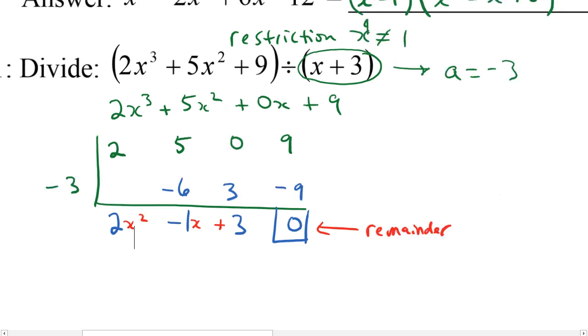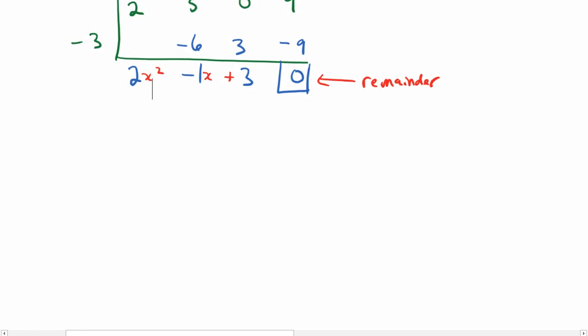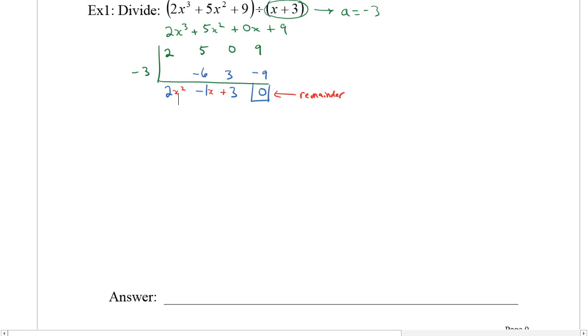So my answer at the end, I have to state my answer. Boy, they give me so much space here. So my answer will be, well, let's put it in both ways.